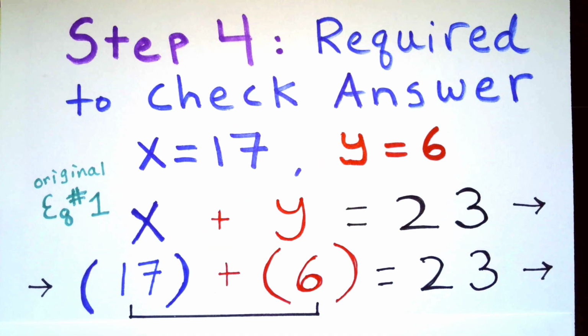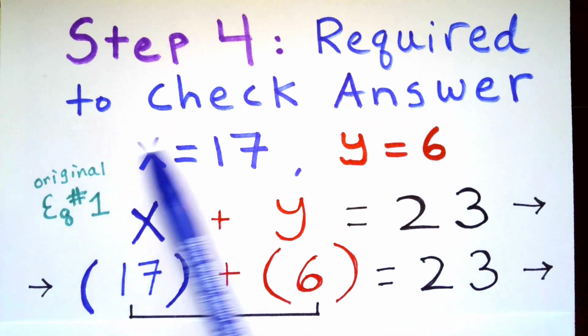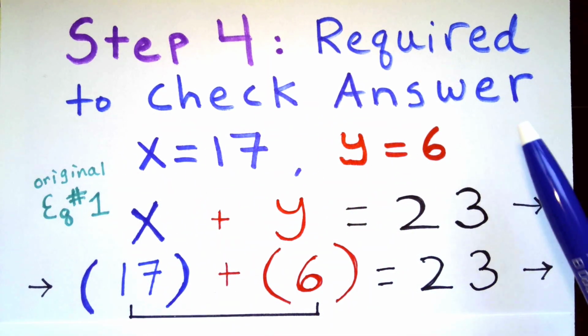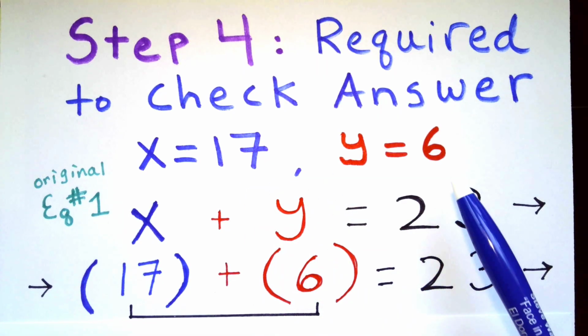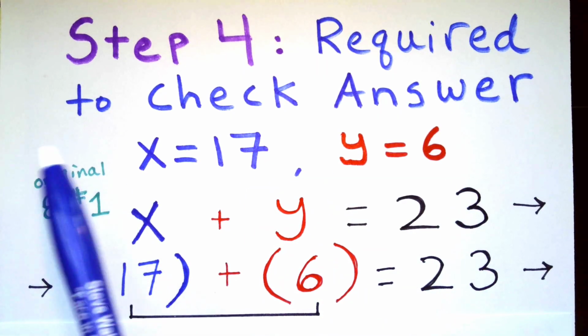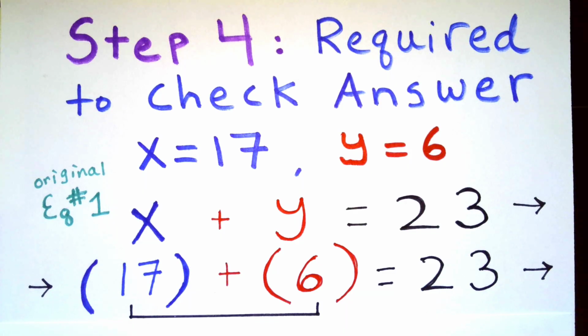Check it out. So I think you know, if you've been watching my videos, step 4 is required. You must check your answers, x value and y value, in both the original equation 1 and the original equation number 2. So x plus y equals 23. That's my equation number 1.